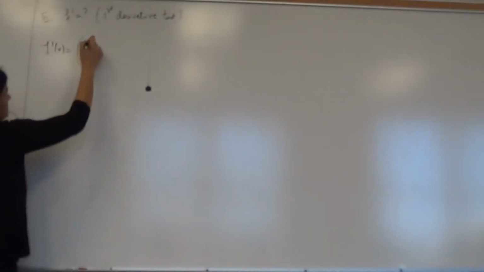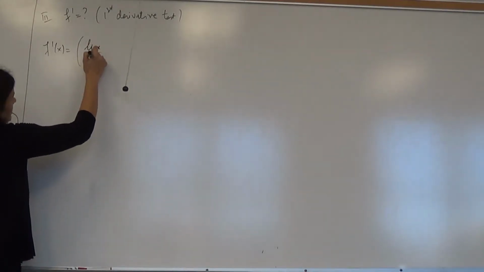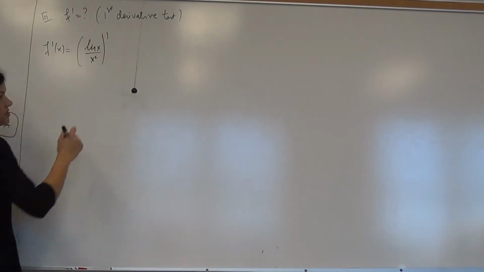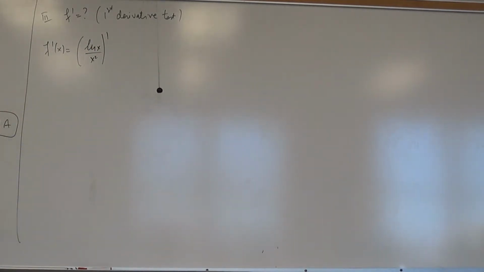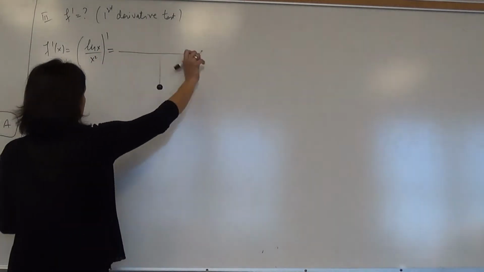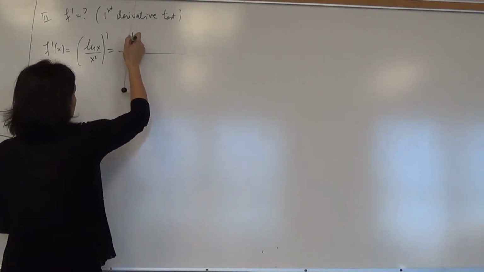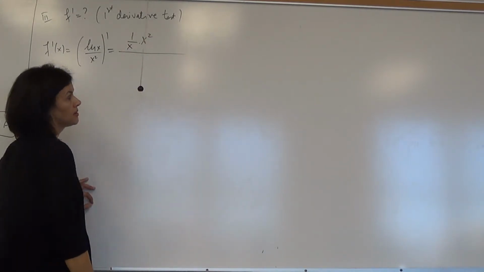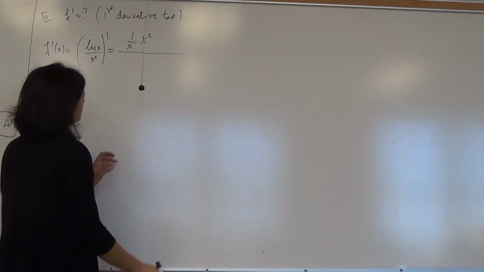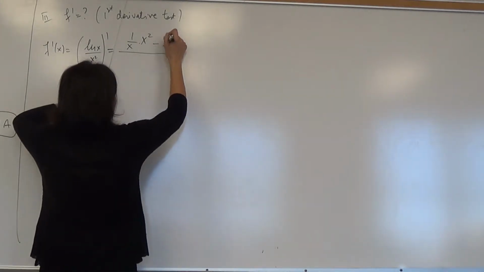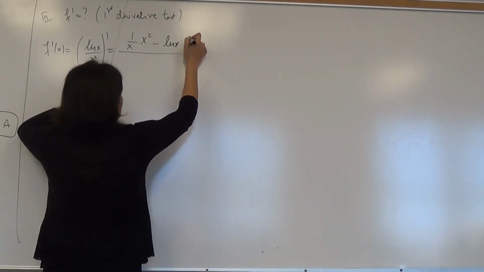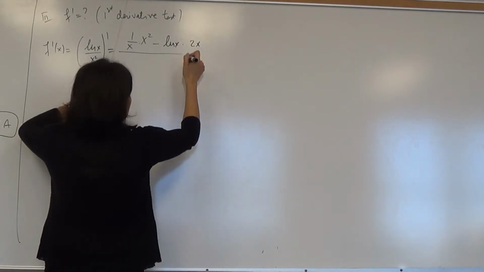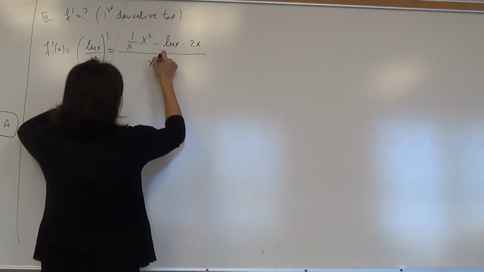So I have to find f prime of x, which is the derivative of a fraction. What rule is this? Quotient rule. Numerator prime gives me 1 over x times the denominator, minus ln of x times 2x, over x to the 4.